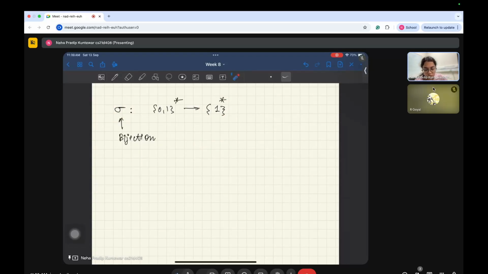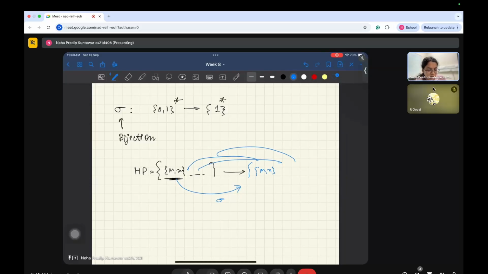For example, I'll take my halting problem and look at all possible (M, x) here, use my sigma to convert each into a unary instance, and do that for all of them. Because it's a bijection, every instance here will have a unique unary mapping.